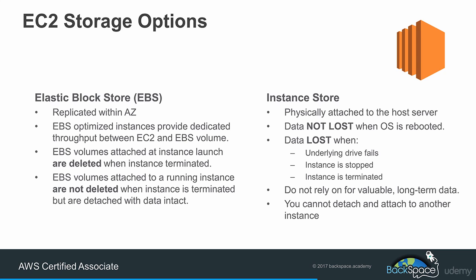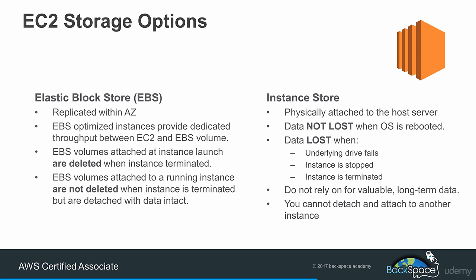So if an EBS backed instance is stopped, then the instance store data will be lost. Or if an instance is terminated, then that instance store will be terminated with it and the data will be lost. So that's different to Elastic Block Store, EBS.